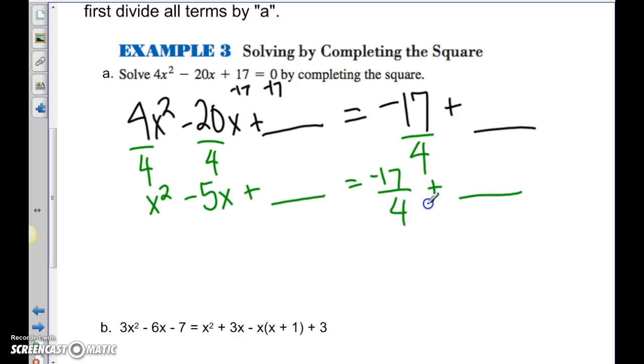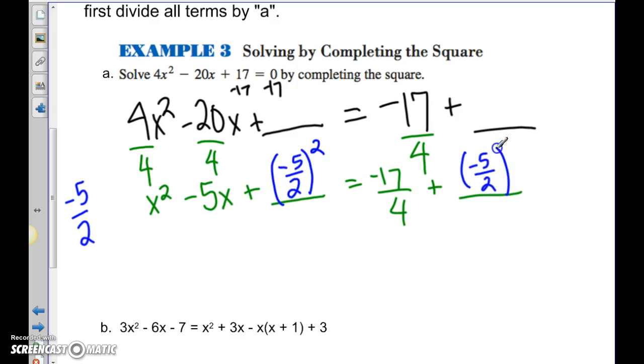Okay, so now I take this negative 5 right here and I cut that in half. Then that's what goes right here. So negative 5 halves, but I've got to square it here, and I've got to square it here, because whatever I add over here, I've got to add over here.